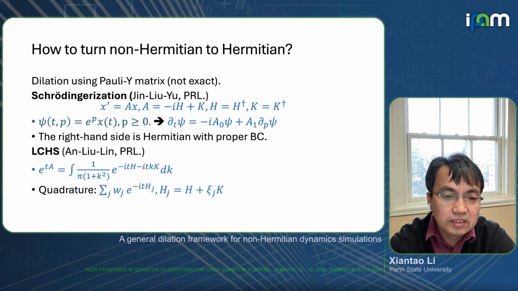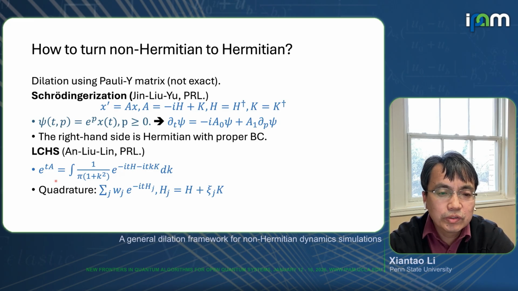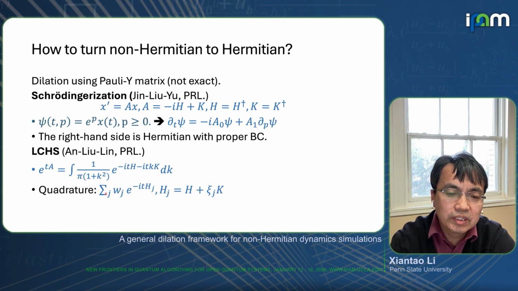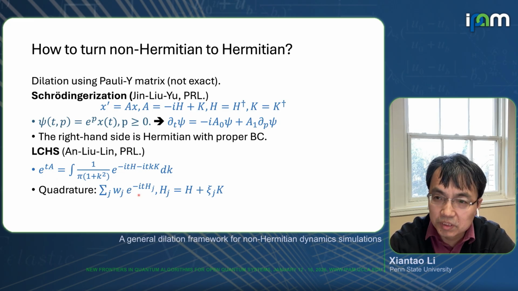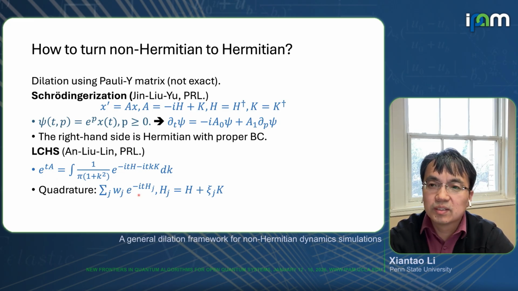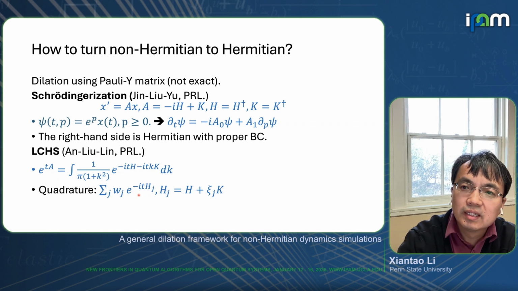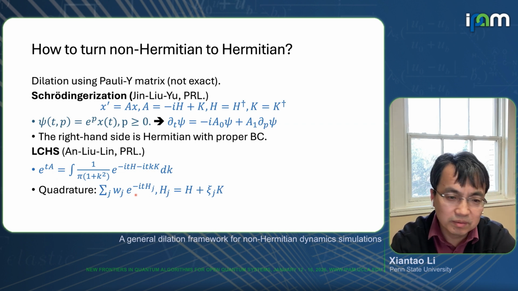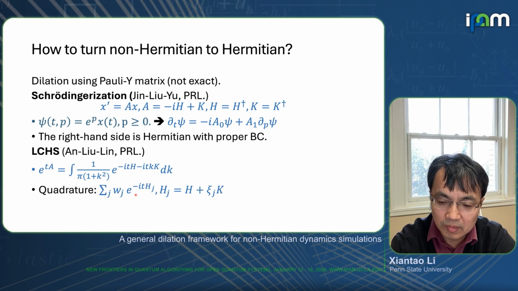Therefore, it's becoming a unitary operator. And so after the quadrature approximations, you naturally get a linear combination of unitaries. And so there are some existing quantum algorithms that you can take off the shelf and apply here.